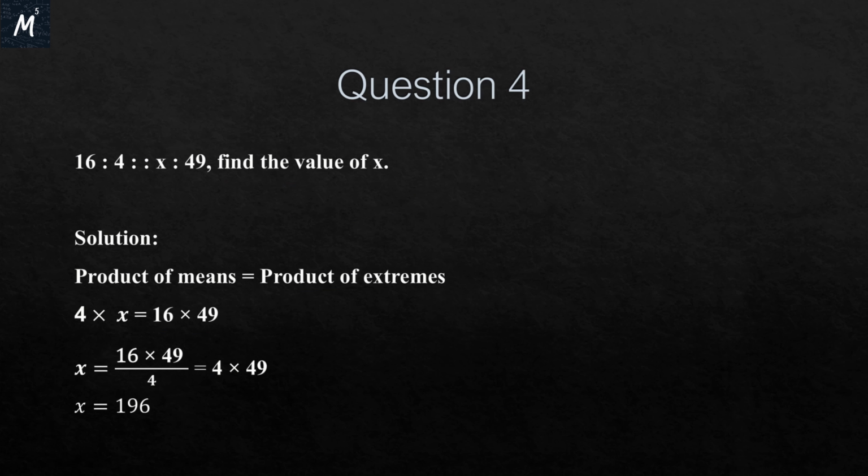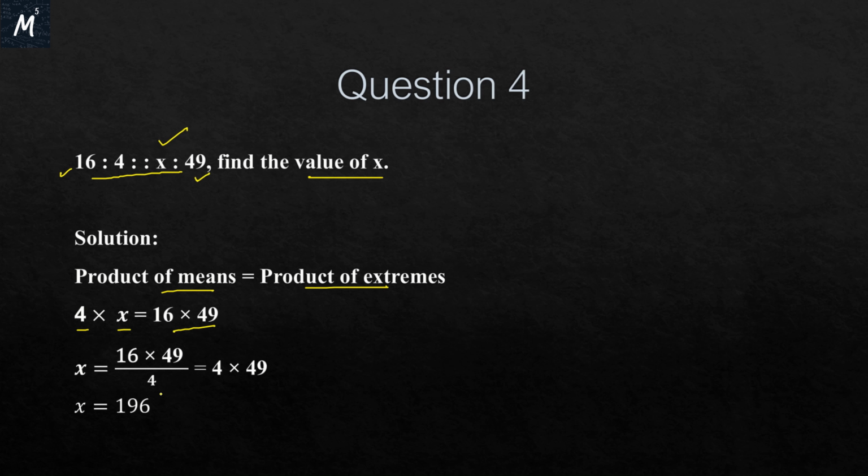Next type. Now these four numbers are in proportion but one of the numbers is missing, which is denoted by x. So we have to find the value of x. The product of means is equal to the product of extremes in a proportion. The product of means is the product of the middle numbers, so 4 into x, and the product of extremes is the first number and the last number, so 16 into 49.